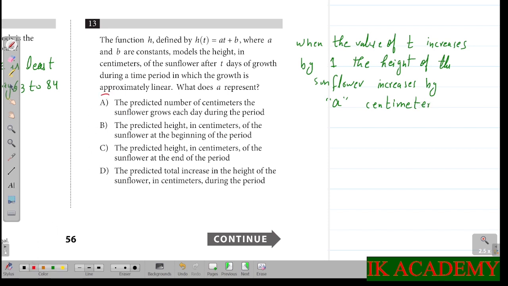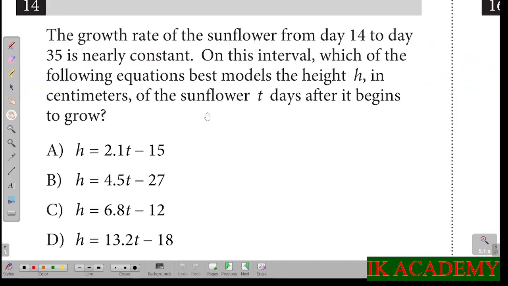So option A, which is the predicted number of centimeters the sunflower grows each day during the period. So a is the predicted number of centimeters.